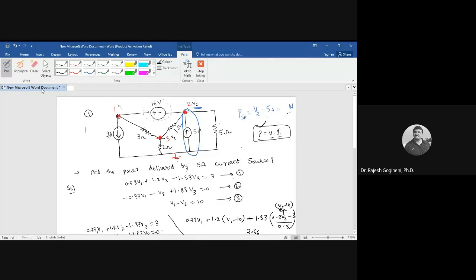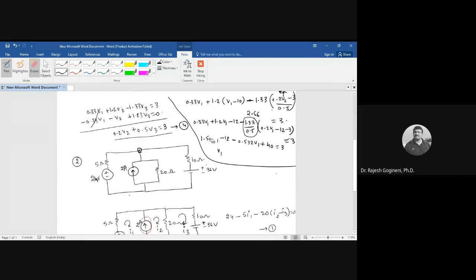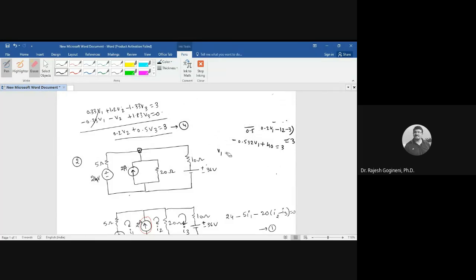Somewhere the calculation has gone wrong, I think. See this one, we'll do it again. Let's simplify this. This is wrong, I think.